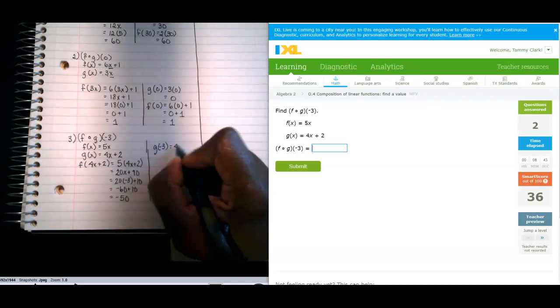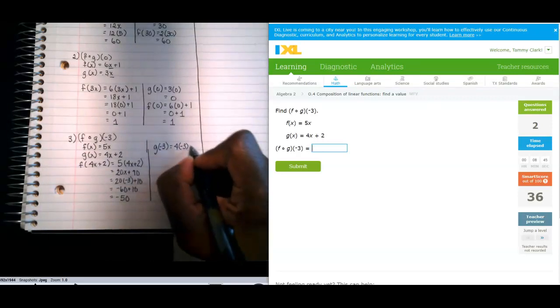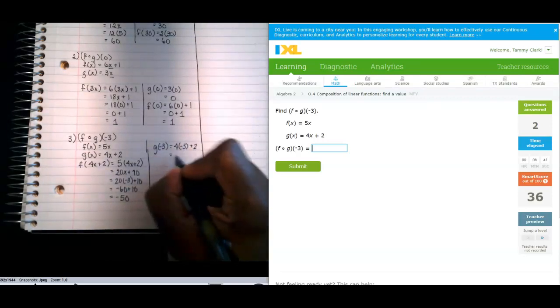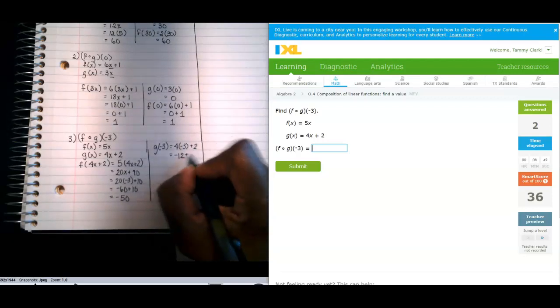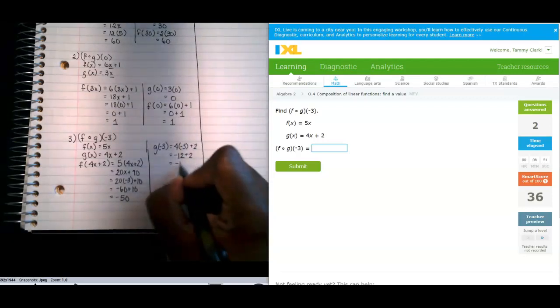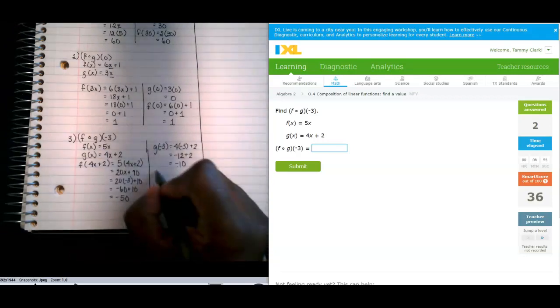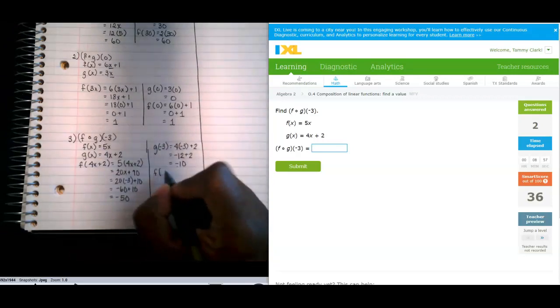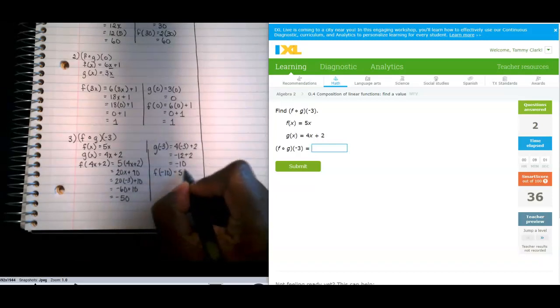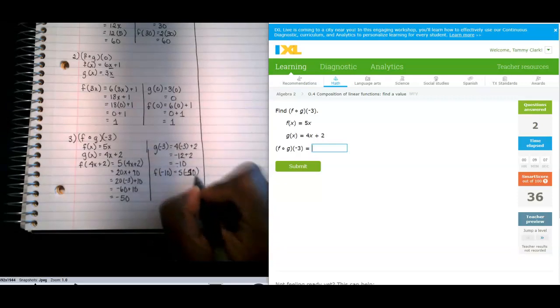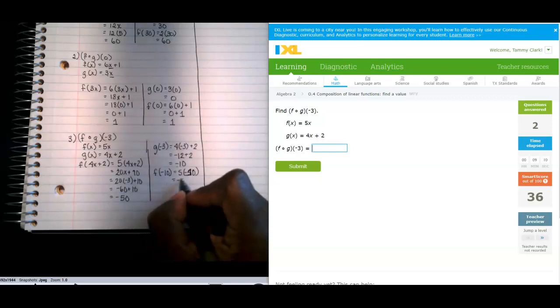So I've got 4 times -3 plus 2. That gives me -12 plus 2, which gives me -10. Then I'm going to take this answer and substitute it in the f of x. So f of -10 is equal to 5 times -10, which gives me -50.